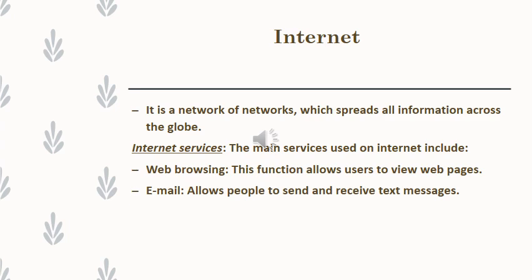In today's era, there is hardly any country where internet is not available. Actually, the internet is a large computer network which extends all across the globe to communicate with each other for the purpose of communicating information from one place to another.